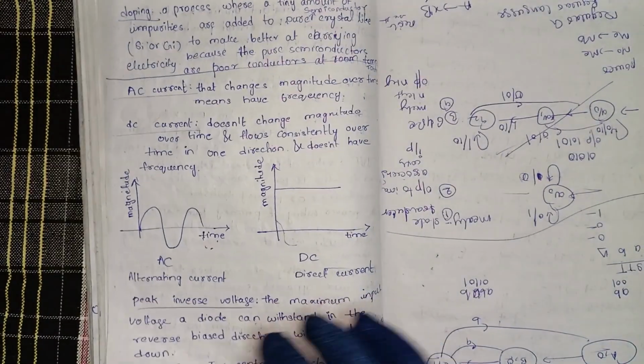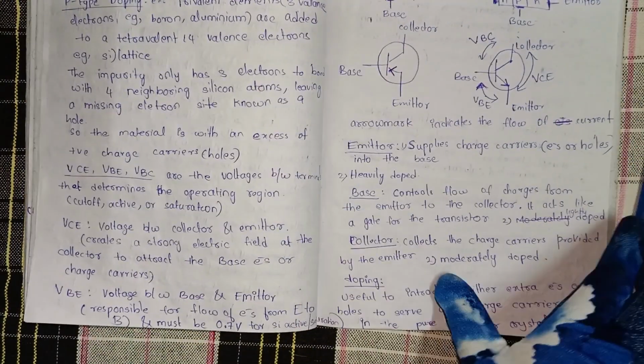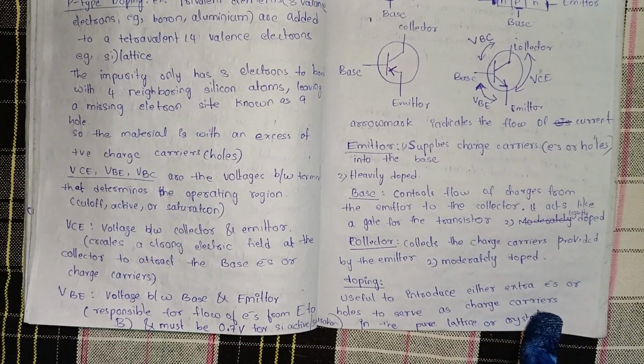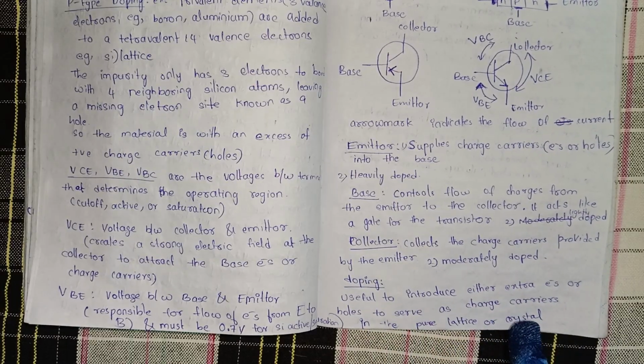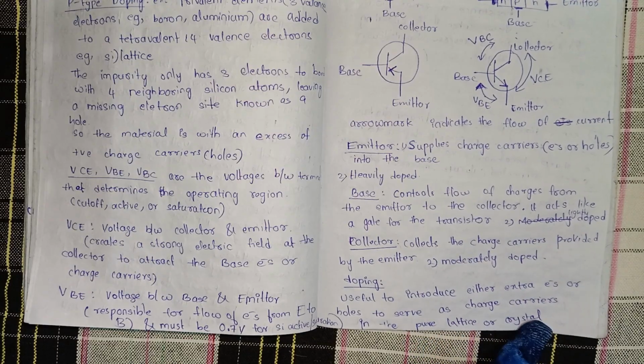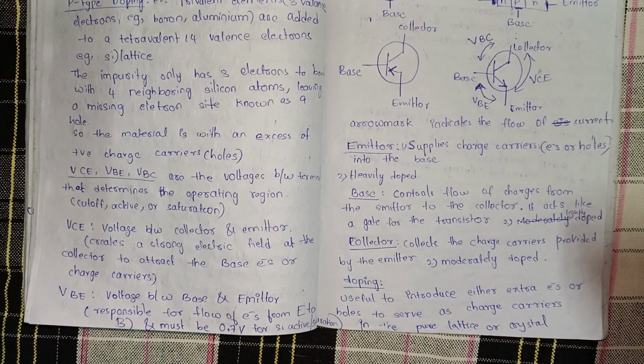Here doping is useful to introduce either extra electrons or holes to serve as charge carriers in the pure lattice or crystal like silicon or germanium. If it is n-type material, then the doping is used to introduce extra electrons. If it is p-type material, then the doping is used to introduce extra holes.